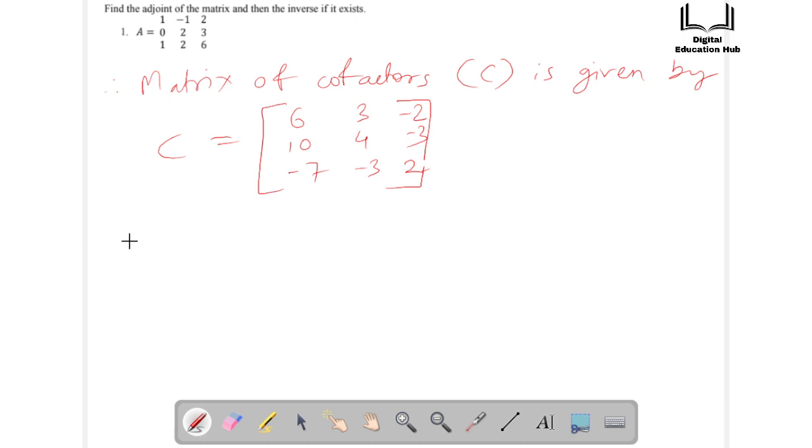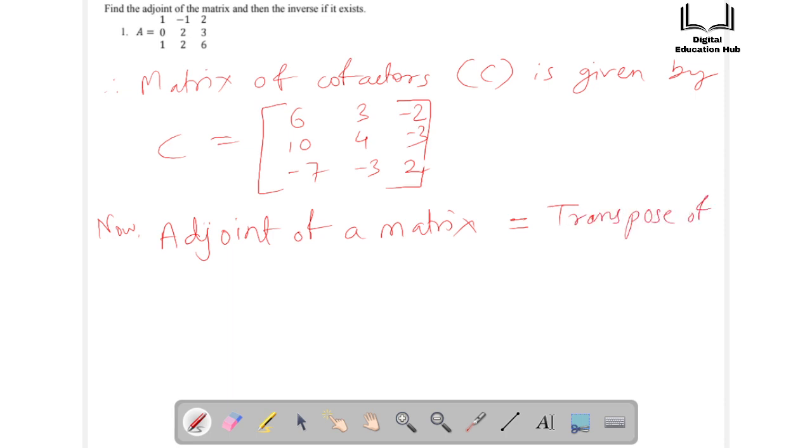We take the transpose of this matrix of cofactors, so the adjoint of a matrix is equal to the transpose of the matrix of cofactors.